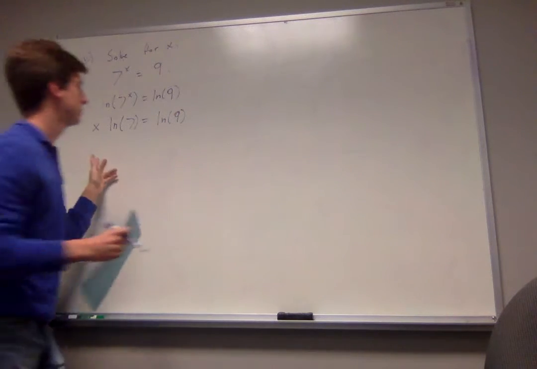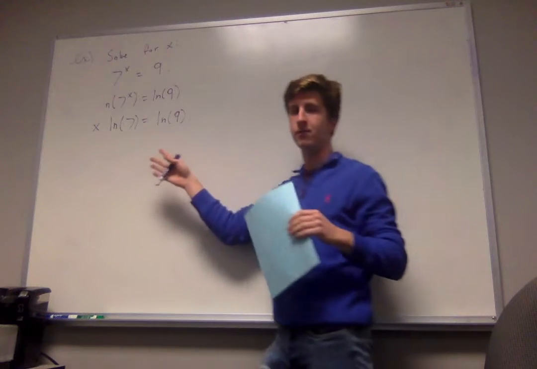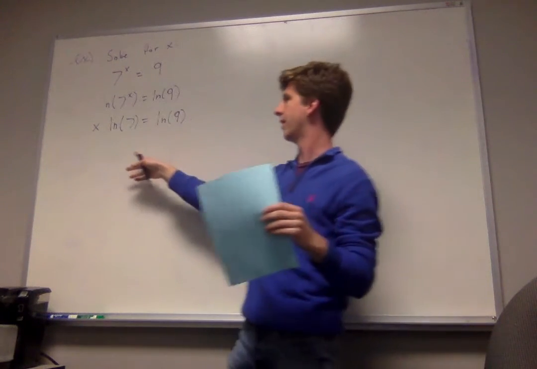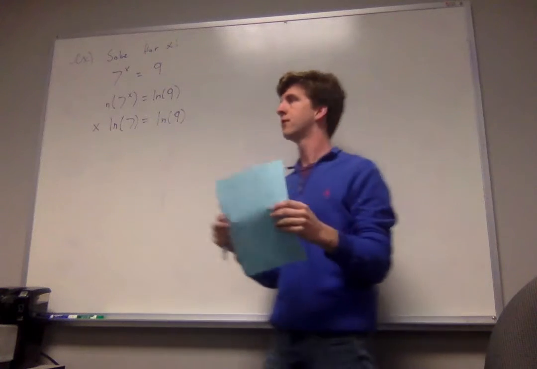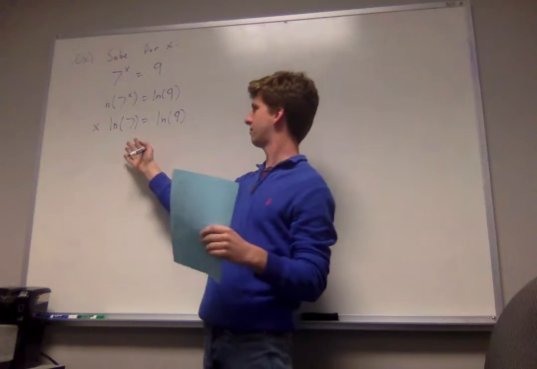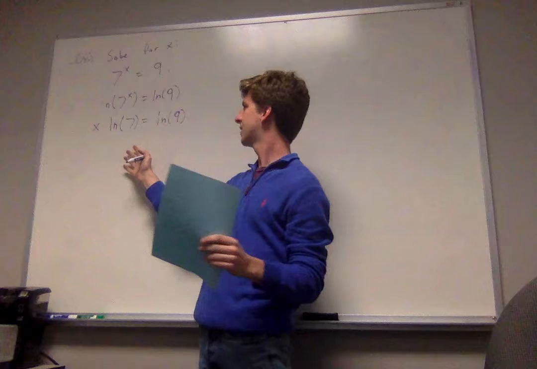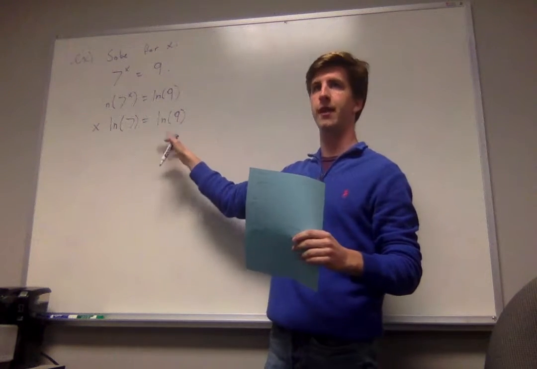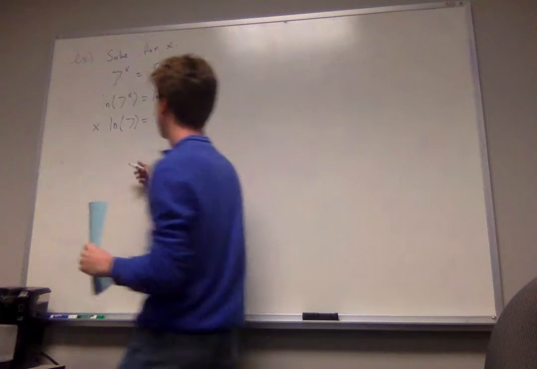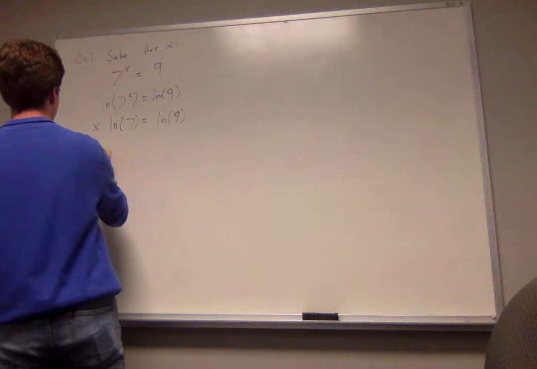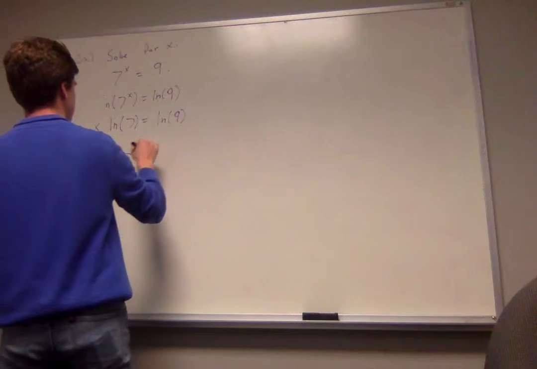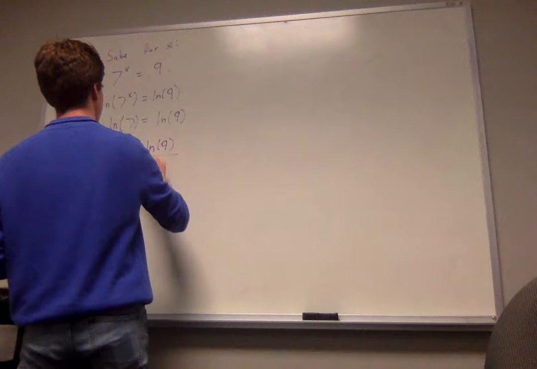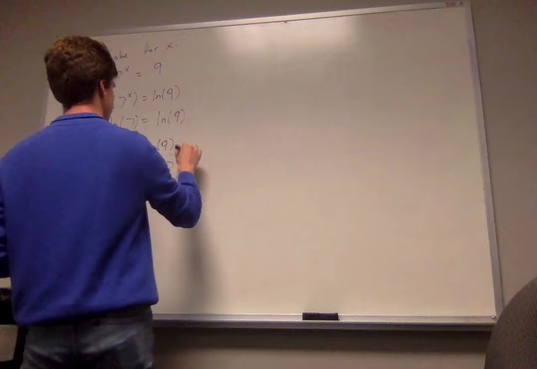Now, log of 7 is just a number, natural log of 9 is just a number, and x is a variable. So you can divide both sides by something to solve for x, right? If we divide both sides by log of 7, we get the answer. So this finally implies that x equals the natural log of 9 divided by the natural log of 7.